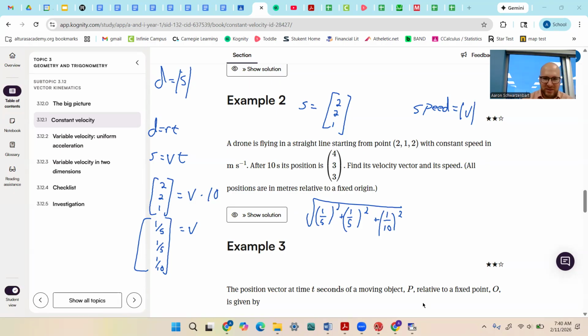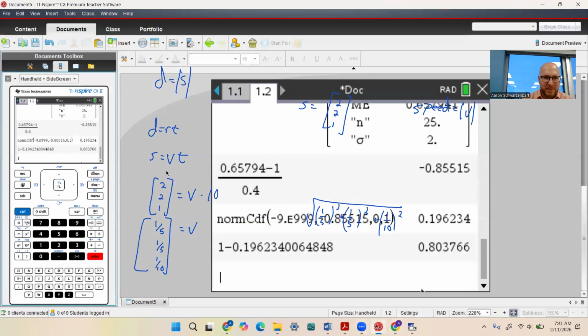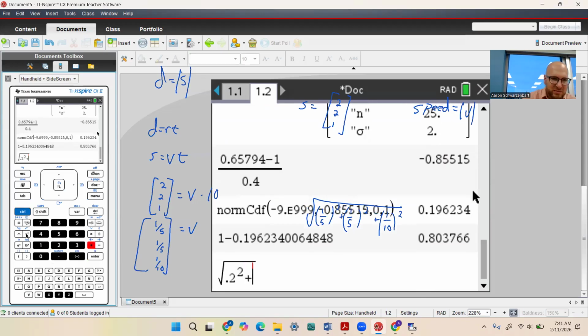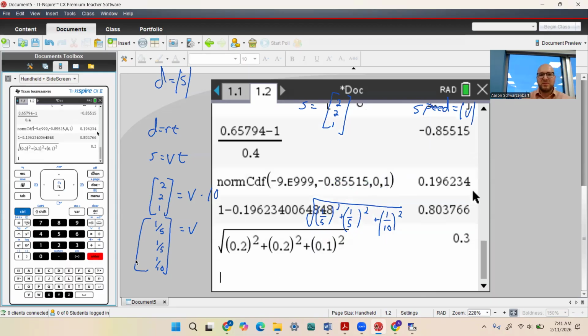And we'll just do this, and I know that the decimals are 0.2. And I get speed equals 0.3 kilometers per hour.